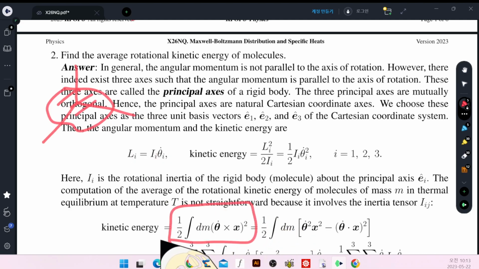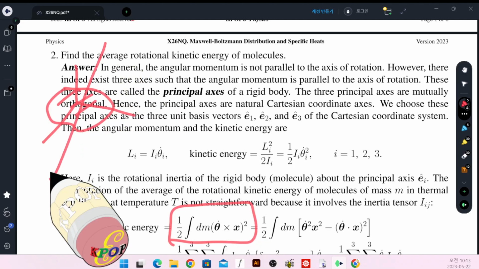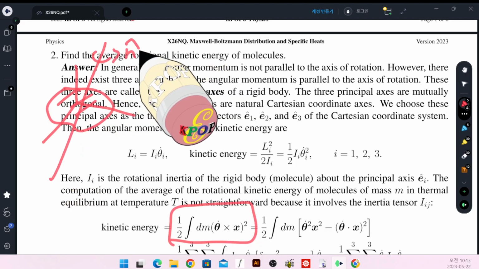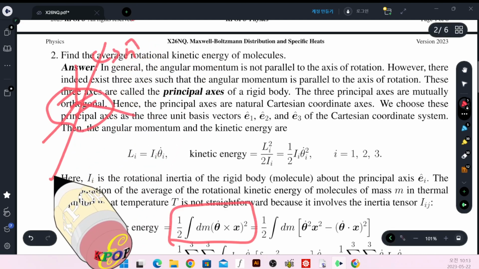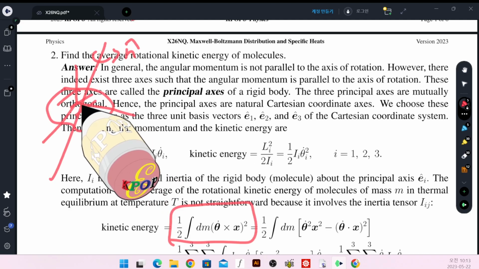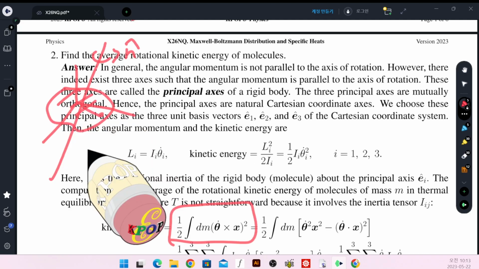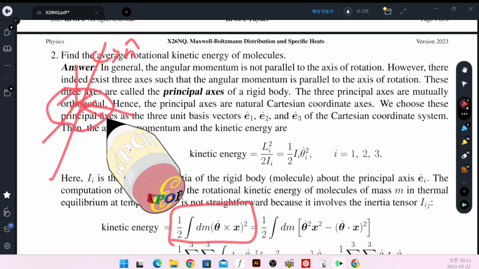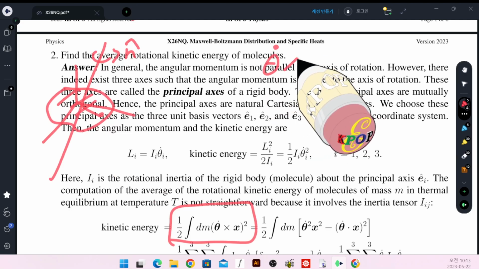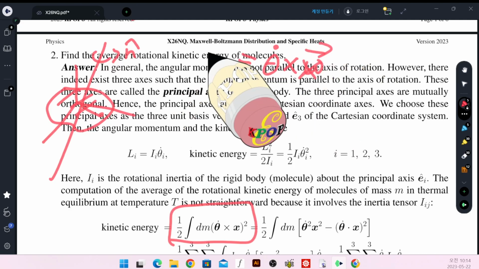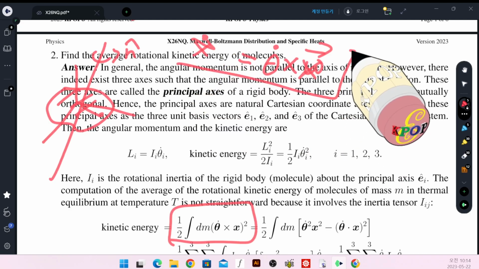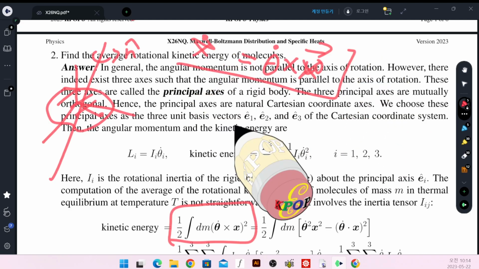This is the axis of rotation. If we keep the axis of rotation fixed, then the velocity of each part of a rigid body follows this relation. This comes from the Rodrigues formula for finite rotation.